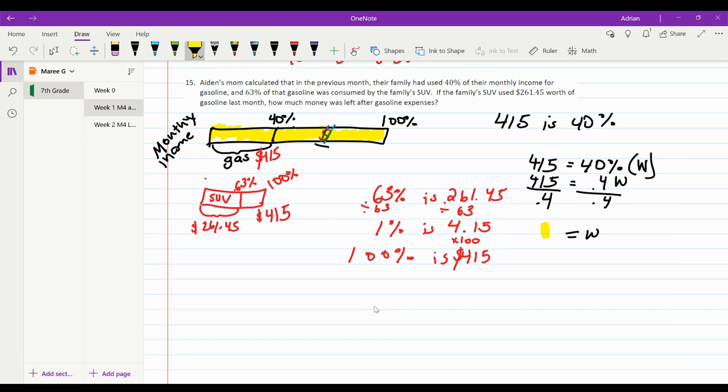So whatever you get for this, do it on your calculator, you will get yellow, and then you will use that amount and subtract the amount of gas, which was $415, and you will get how much money is left over after the gas. And I'll give you a hint. It's around 100, and it's more than $150. Okay? Good.